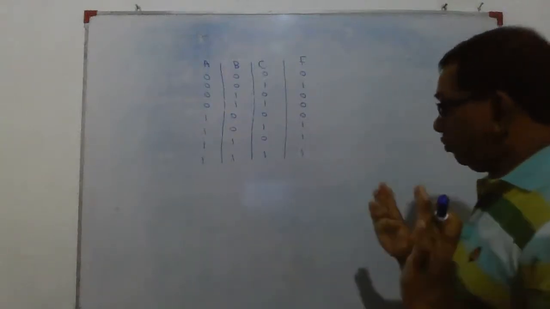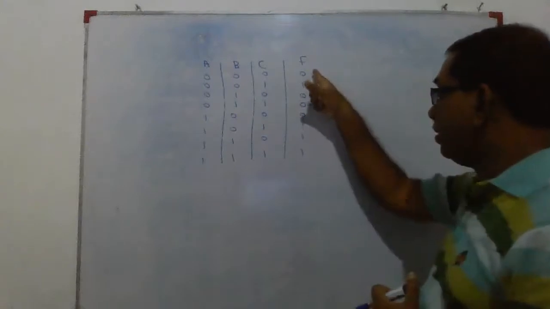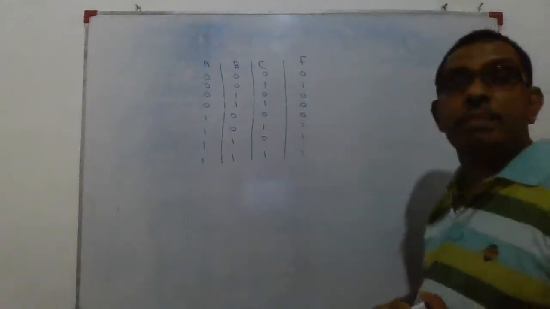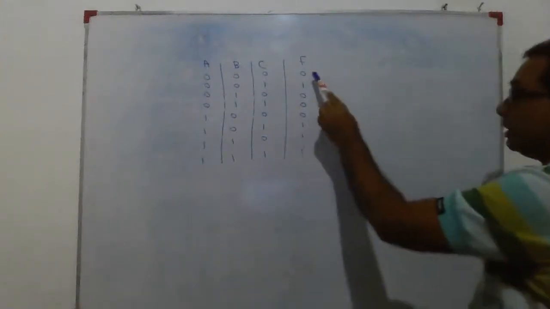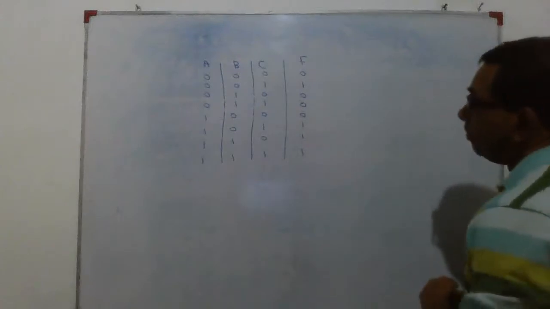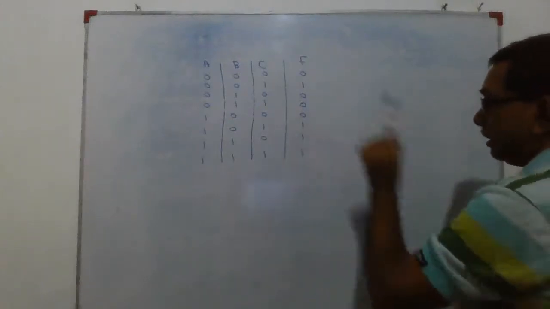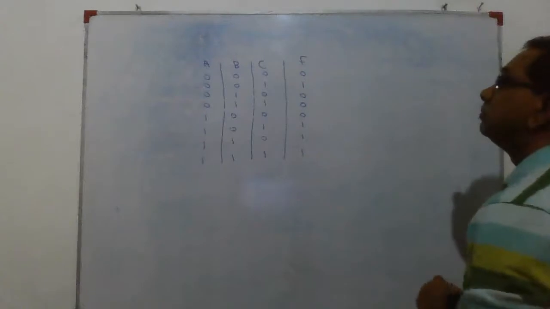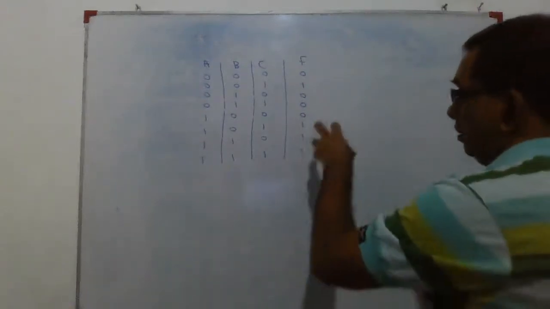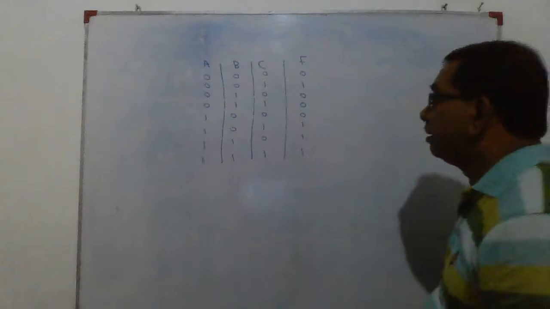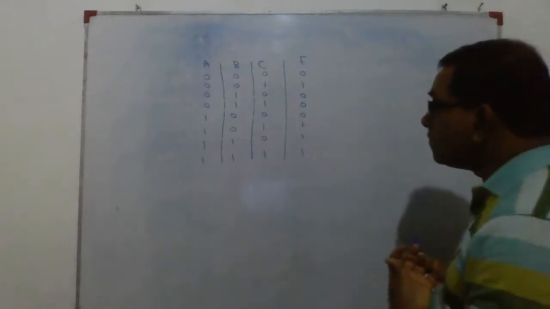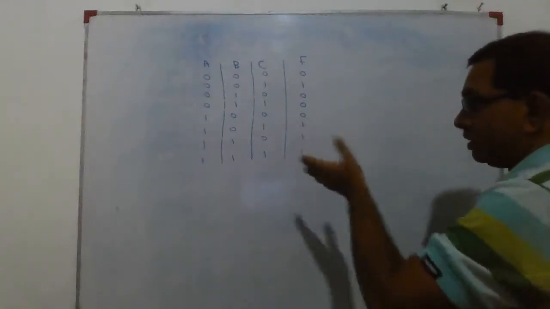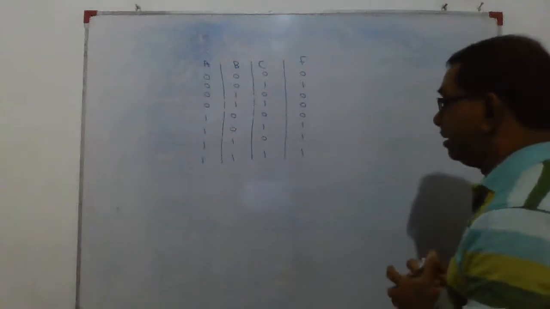But today we are going to write a POS statement. If the output is 0, we are trying to get the Boolean equation. So what is happening here?